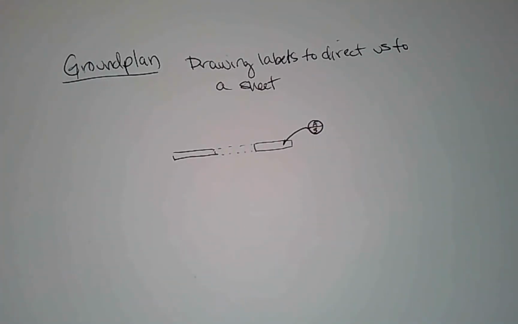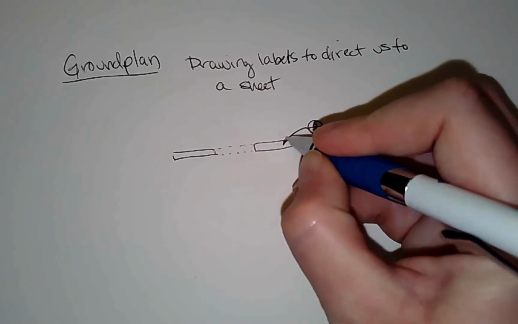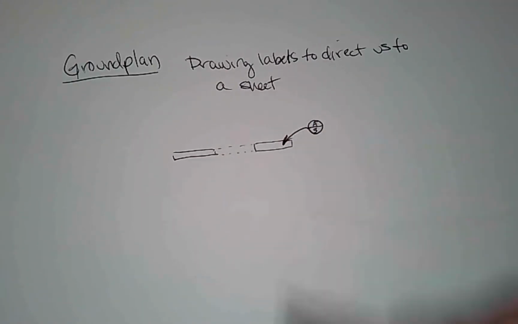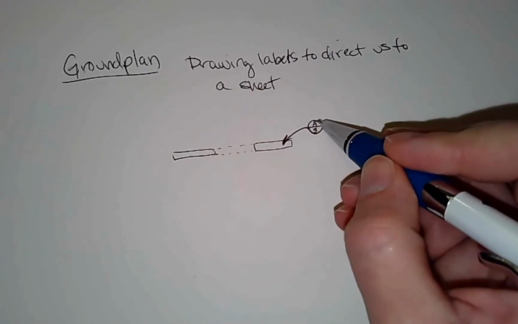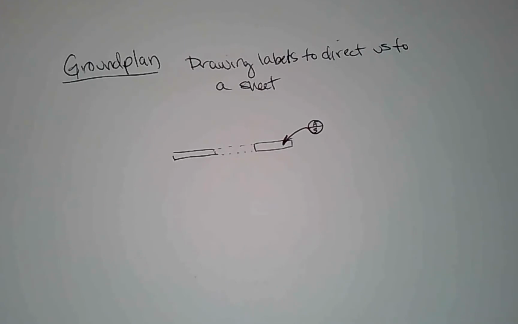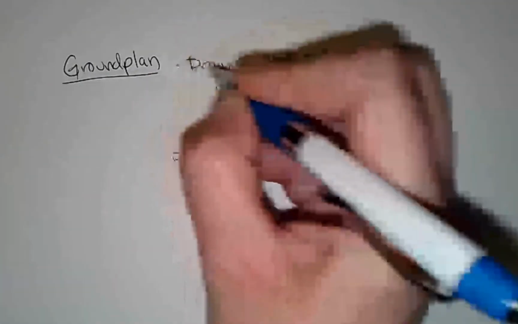I would do it with a pencil, and give myself enough space to actually letter in that content. This indicates what piece that is, and if I go over to my elevation, if I go over to sheet 3, I'll find it listed as wall A. So that is what I'm looking for on your ground plan.